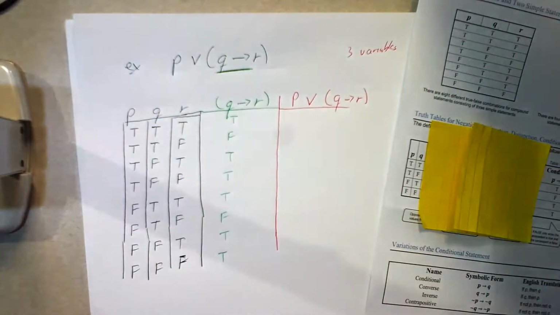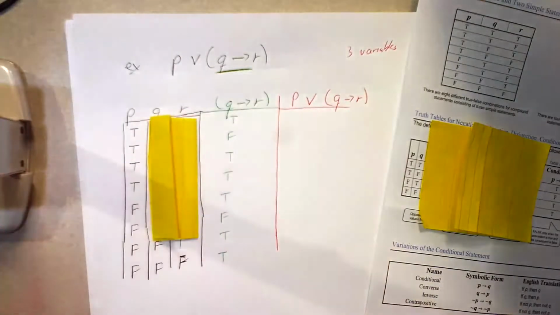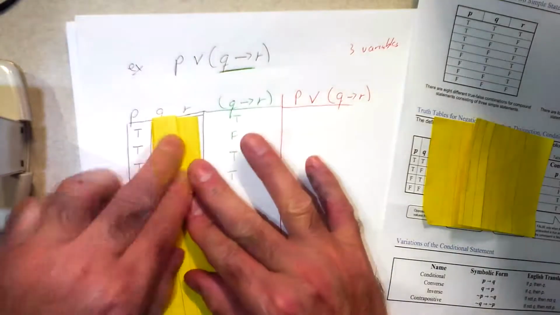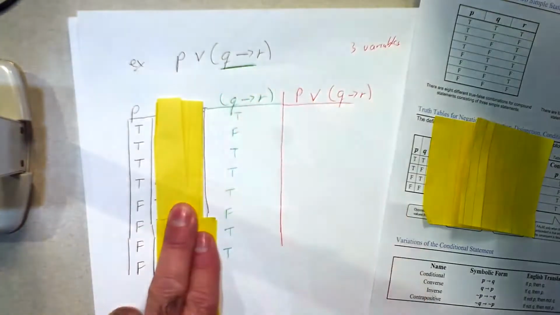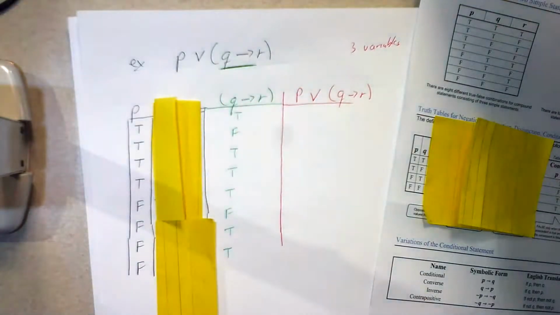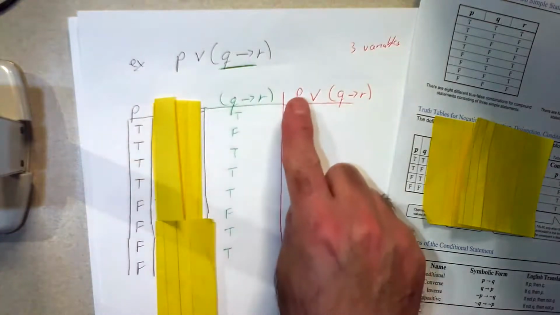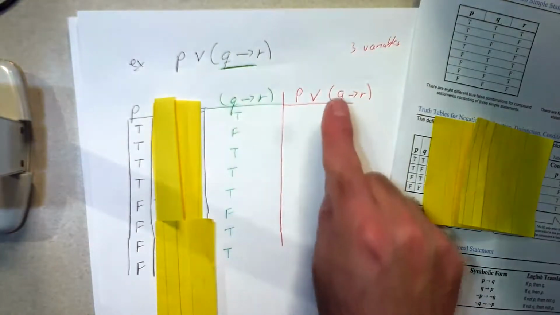So I need to cover up the QR column. We don't need that. There's my P column, and there's the Q arrow R. Those are the results. Now I have to do the disjunction.